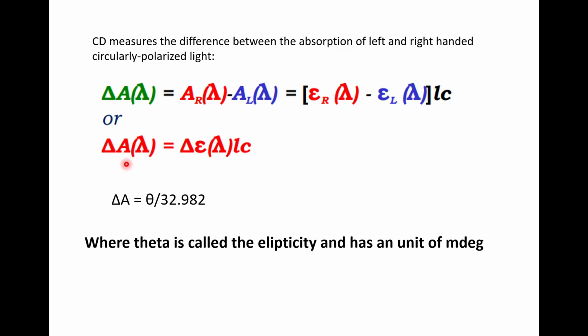Sometimes this delta A value is also represented by the ellipticity. Okay, this delta A value is of very small value. There is a very minute difference between the absorbance of the right-handed circularly polarized light and the left-handed circularly polarized light. What is this theta, which is also known as the ellipticity?